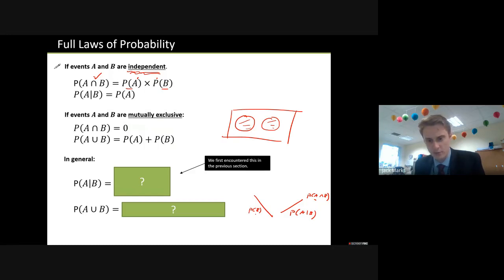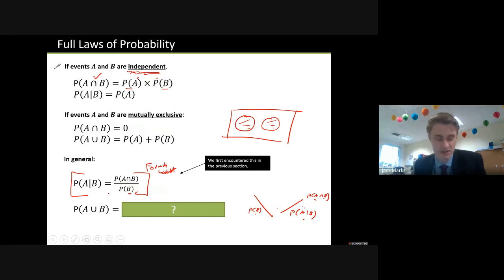So probability of B multiplied by this one equals that one there. And you can rearrange that. But this is actually written like this in the formula booklet. I don't really get too concerned with remembering this.